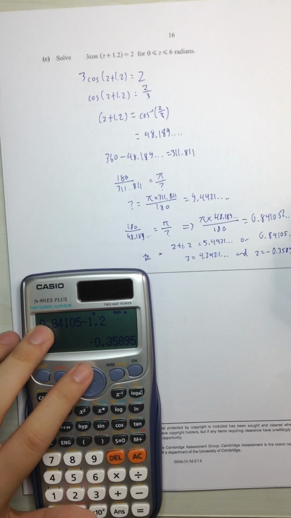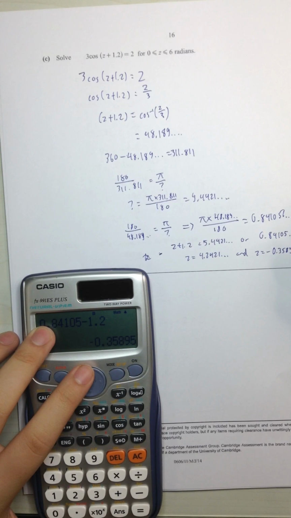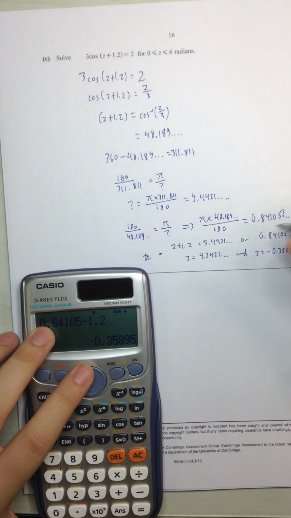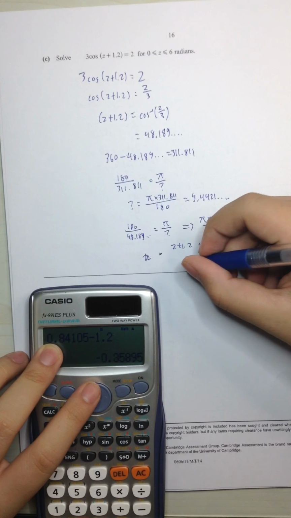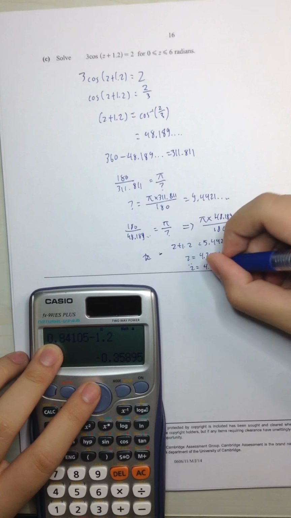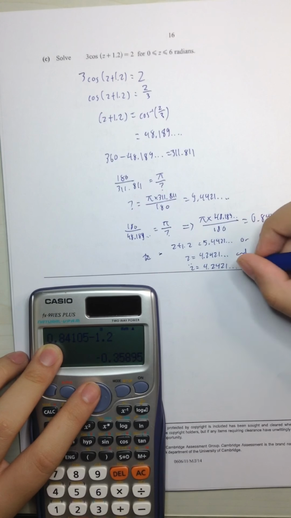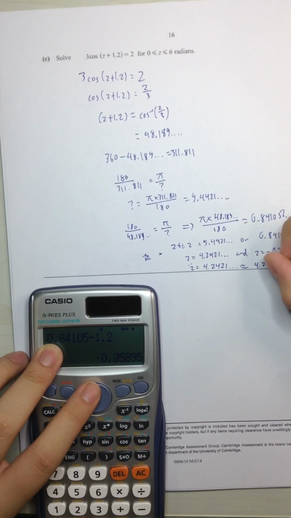But since it's not more than 0, it's not included. So the answer is z equals 4.2421, which will round off to 4.24.